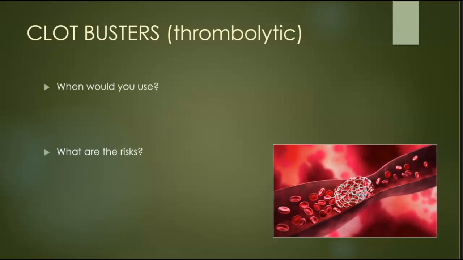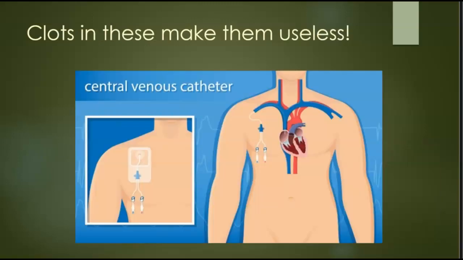You would use it when you have an obstruction that is life-threatening or is causing a problem with a venous access device. Okay, so it could be used even in a stroke. The risks are that it can cause significant bleeding, right? Because it's going to go in and break up clots. And if we have clots that are keeping something from bleeding and we break those apart, now we may have a problem, right? And here is a central venous catheter.